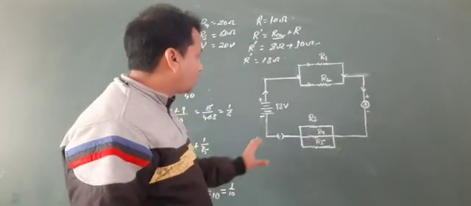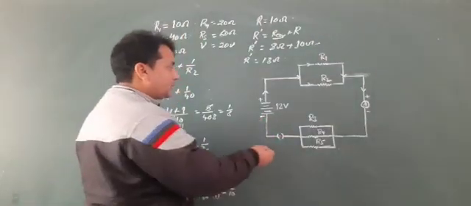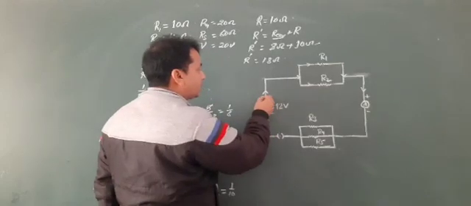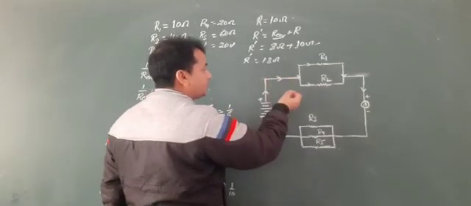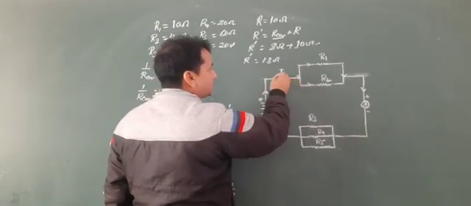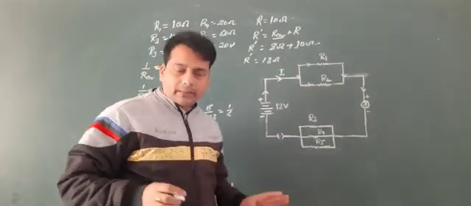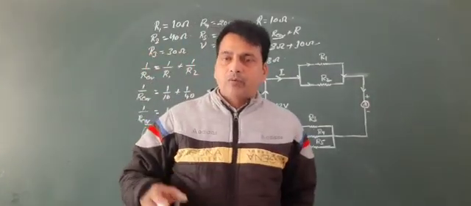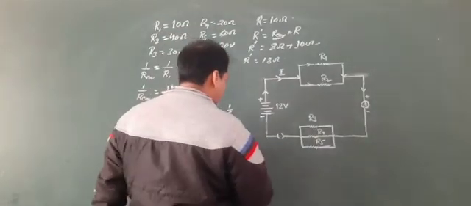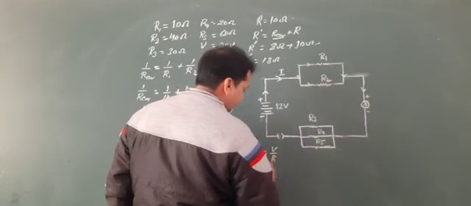A 12 volt battery is connected in the circuit, and current flows from the positive terminal to the negative terminal. Suppose the total current flowing through the circuit is I. We know that electric current is equal to the potential difference divided by resistance, so I equals V by R.